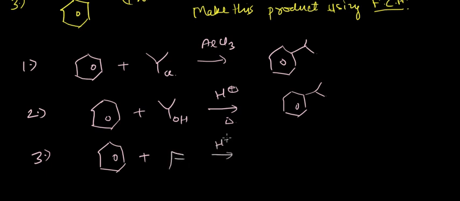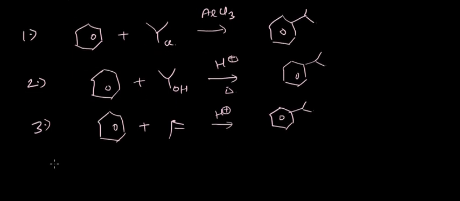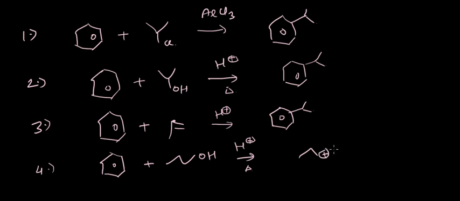In presence of H plus, we'll get this compound because the central middle carbon atom will get the positive charge. Fourth way could be we can have also something like this. In presence of H plus, some heating may be required, we'll get a positive charge here, but because of rearrangement we can get positive charge on this carbon atom after the hydride shift.